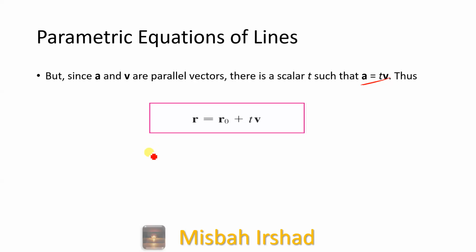We have the vector equation of the line r is equal to r naught plus tv, where v is the direction vector, r naught is a fixed point on the line, and r is the position vector of an arbitrary point on the line.